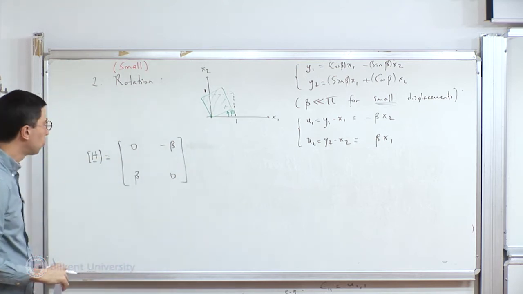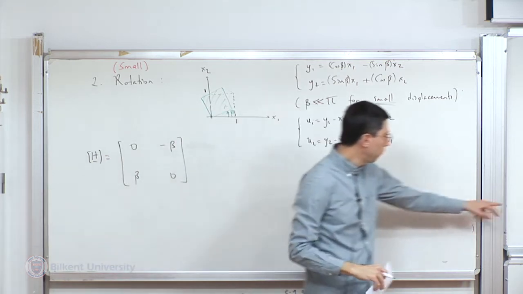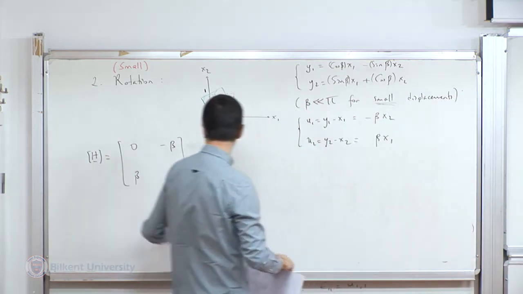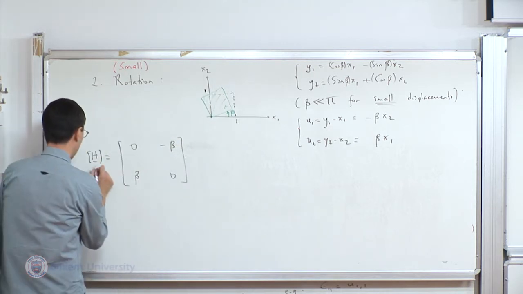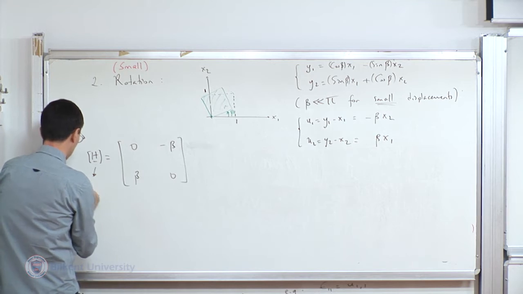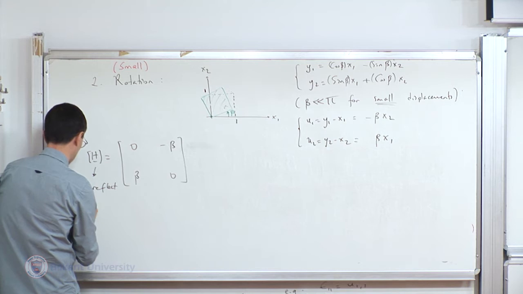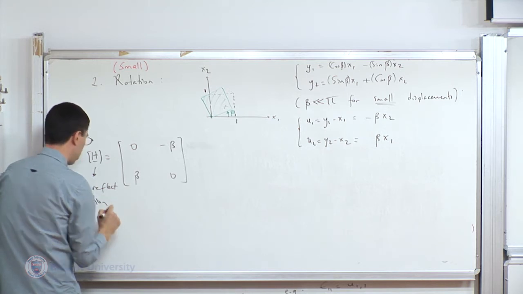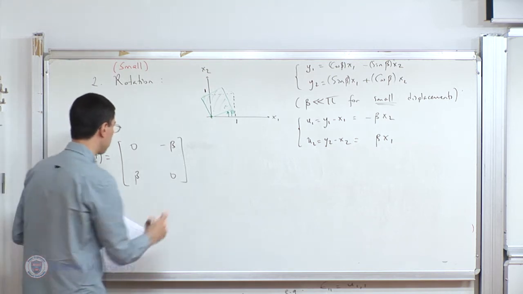All right, so it turns out that although H does not reflect rigid body translation, it does reflect rigid body rotation. So let's make a note of that. H does reflect rotation.